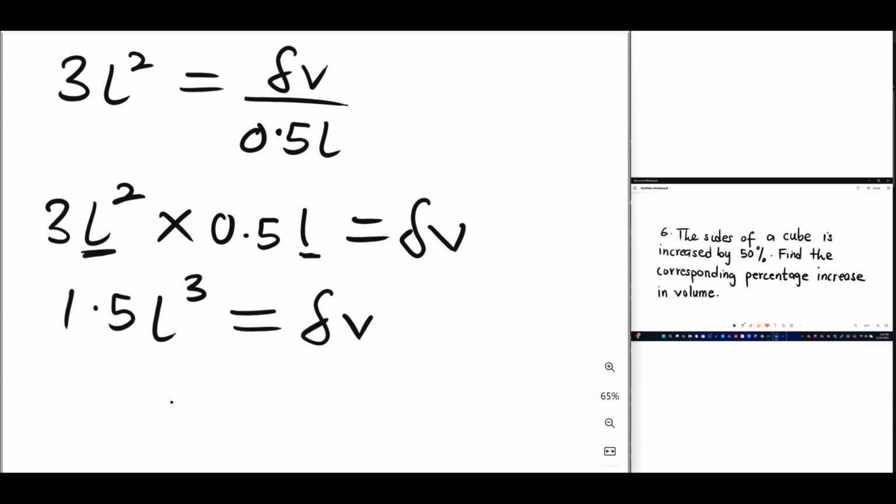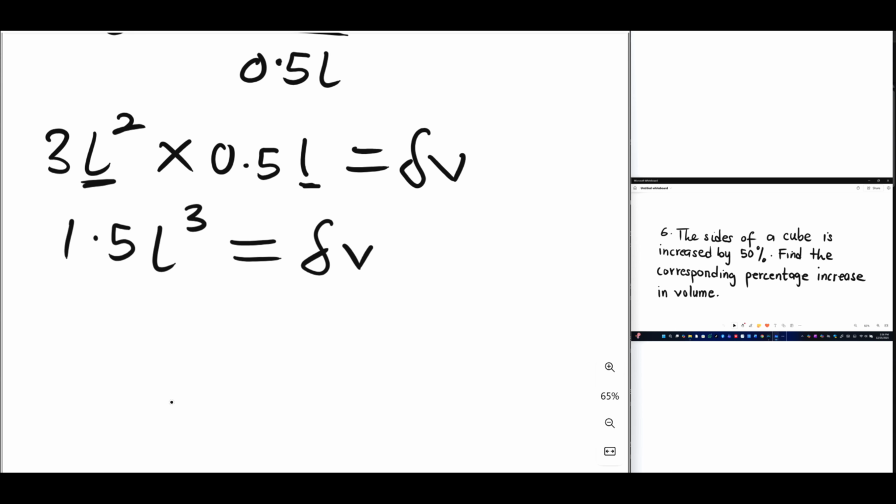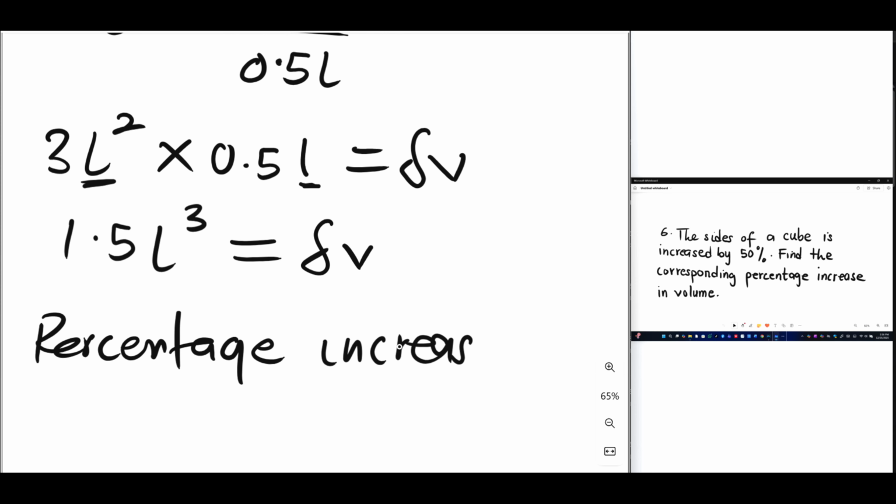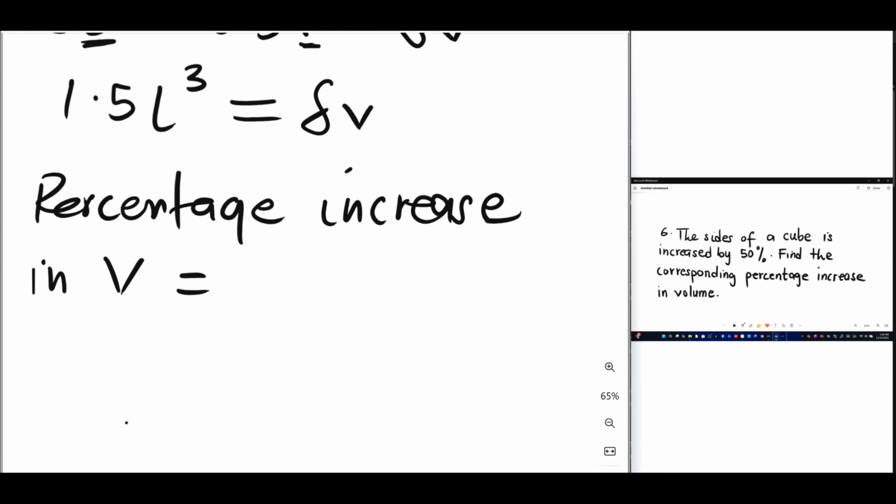So percentage increase will be the increment in V, that's the change in V, divided by V, times 100%. The percentage increase in the volume is equal to the change in volume divided by the volume itself, times 100 percent.